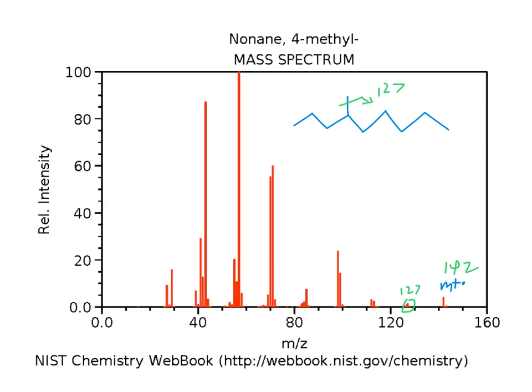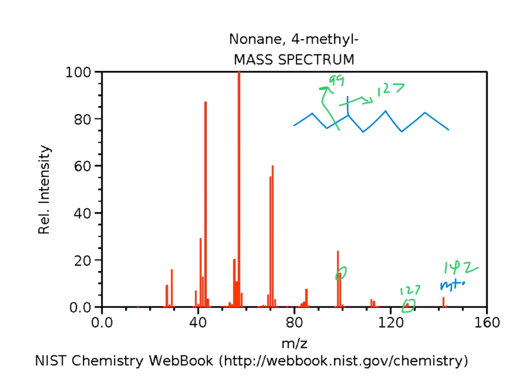If we cleave on this side, and we lose a propyl group, we'd lose 43. That should give an ion at 99. I don't know if it's the big peak there.